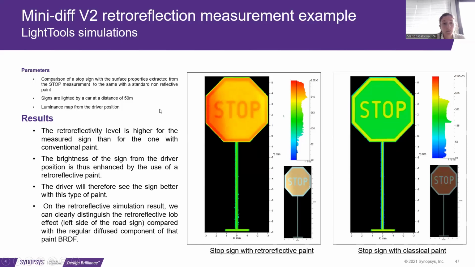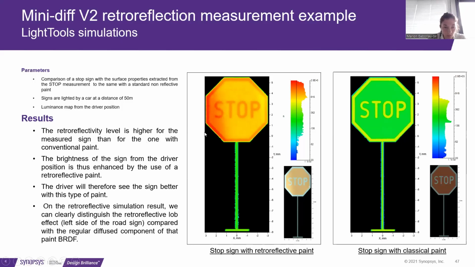The retroreflective level is higher for the measured sign than for the one with conventional paint. The brightness of the sign from the driver position is enhanced by the use of a retroreflective paint, of course. So the driver will therefore see the sign better with this kind of paint.